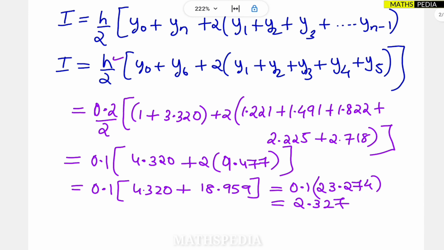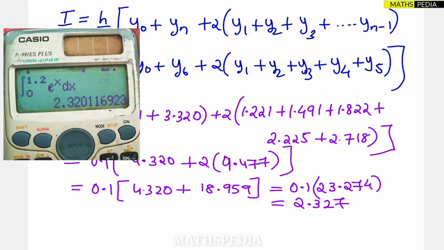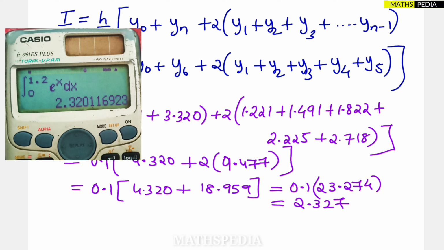So we have got the answer as 2.327. Now the question arises, what is the exact value then? If we put it in the calculator, I'll show you beside this screen, you can see that. Using the calculator, you will arrive at the answer as 2.320.